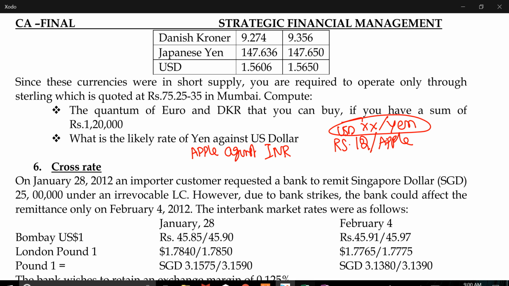Full stop. The required quote therefore is USD per yen. Yen is the product. USD per yen.